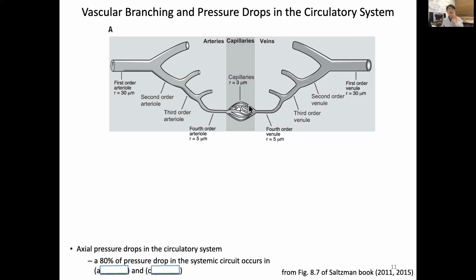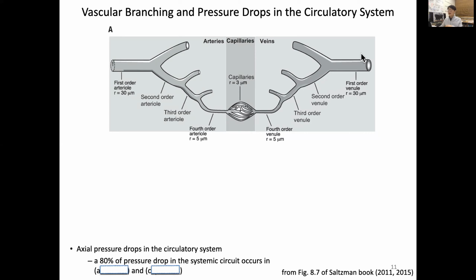The capillaries have the smallest diameter, only a couple of microns. Then it collects into the venules, which means smaller veins, second and third order venules, and it collects into big venules and veins.